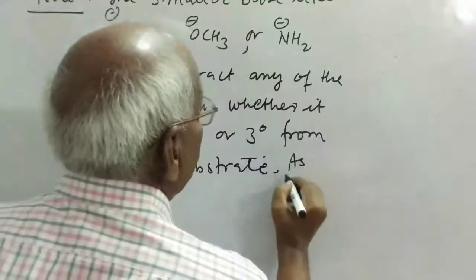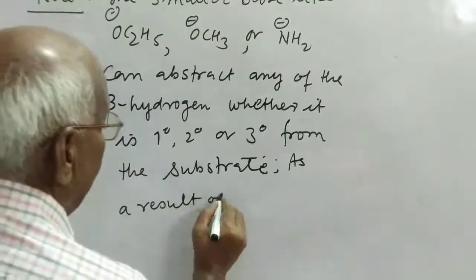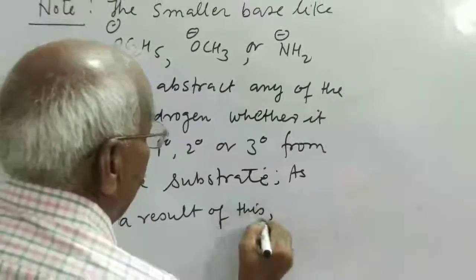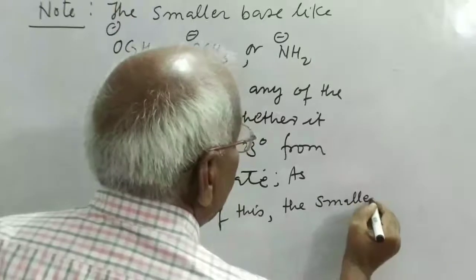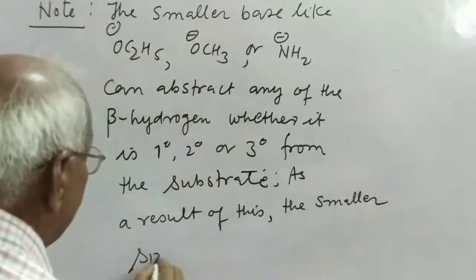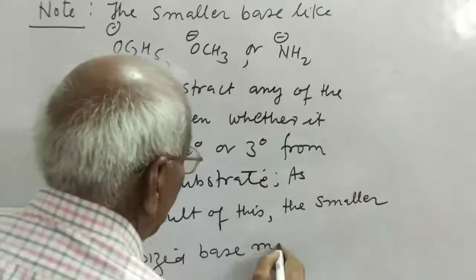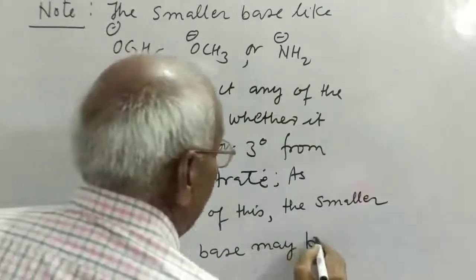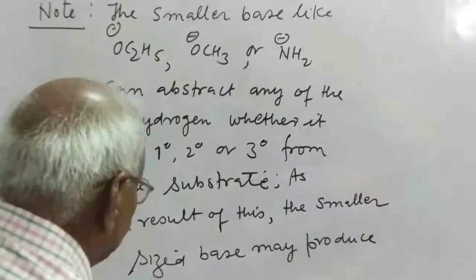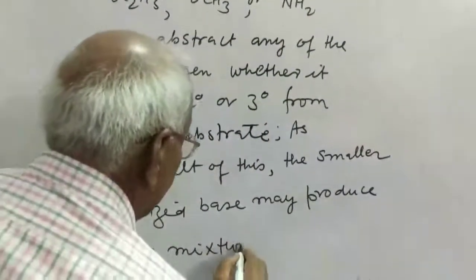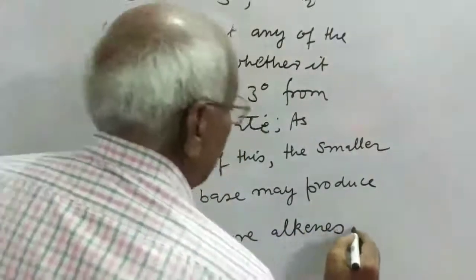As a result of this, the smaller sized base may produce a mixture of alkenes as the product.